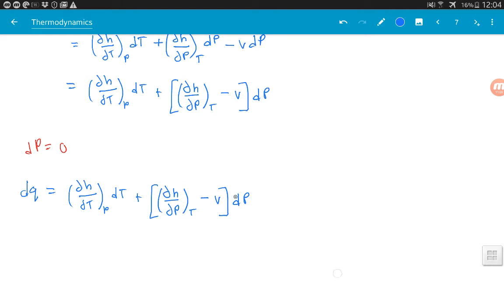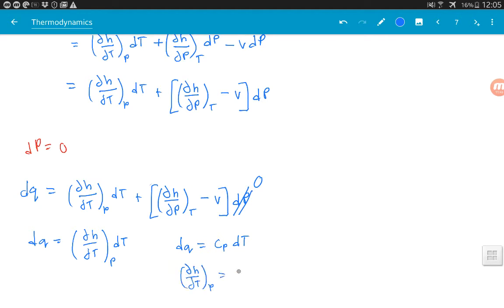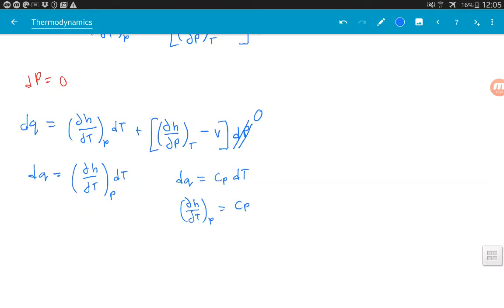So at constant pressure this value equals 0, then we will lose this whole term, and then we're going to see the same cases as previously for the condition for T and V. So from this we could compare with the equation that we already know, that the amount of heat flow to a system at constant pressure is equal to Cp dT, and then we compare this value, we could conclude that del H del T at constant pressure is actually equal to the value of Cp, the specific heat capacity at constant pressure.